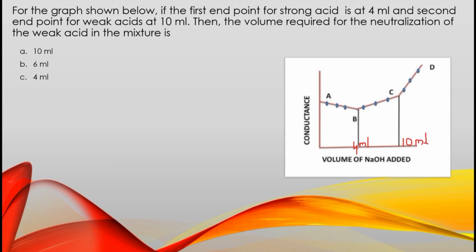A is 10 ml, B is 6 ml, C is 4 ml, and D is 2 ml. So suppose this is the first endpoint, that is 4, and this is the second endpoint, that is 10. Now to find the volume required for the neutralization of the weak acid, we have to take 10 and subtract 4 from it to get the answer. So the answer is 6 ml.